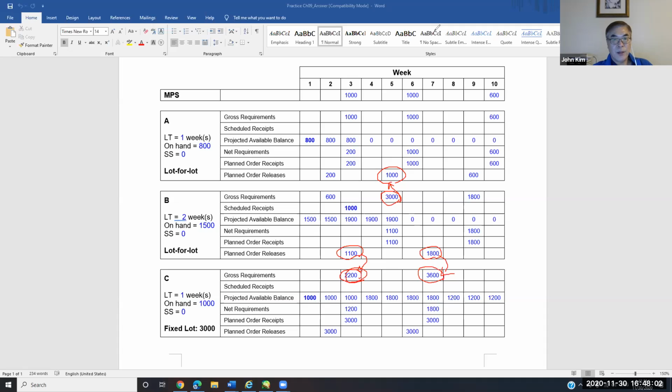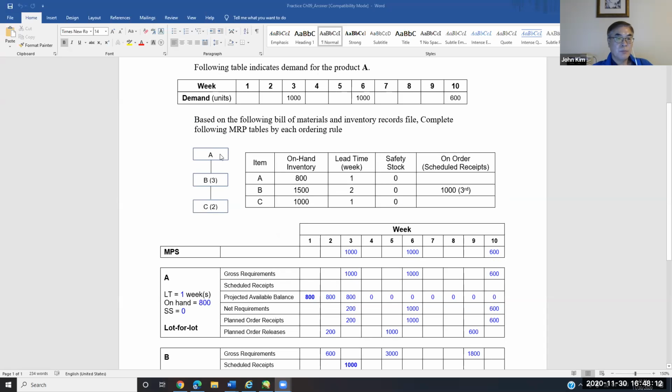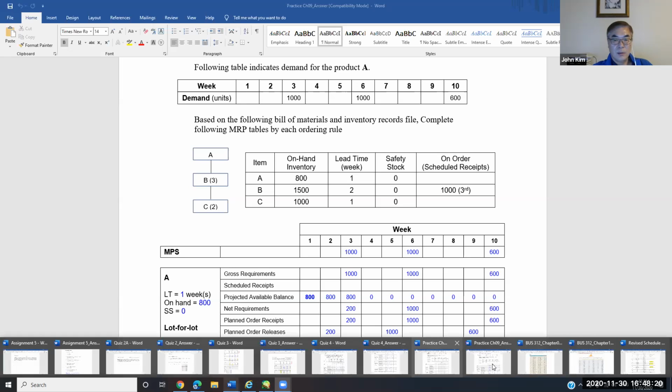So when you take the final, the question will be a combination of this bill of material, like a tiered one, and this one.